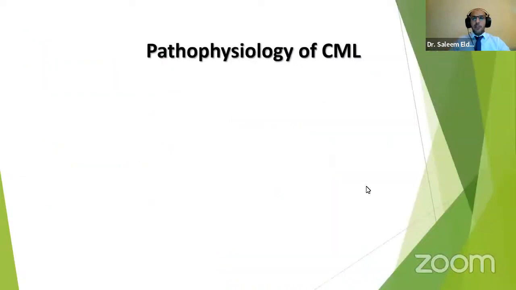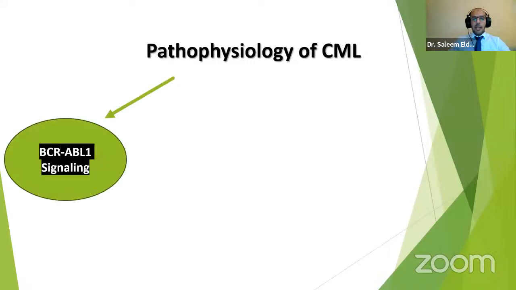So the pathophysiology of CML starts with the BCR-ABL signaling, which is a critical and very important cardinal feature of CML pathophysiology.